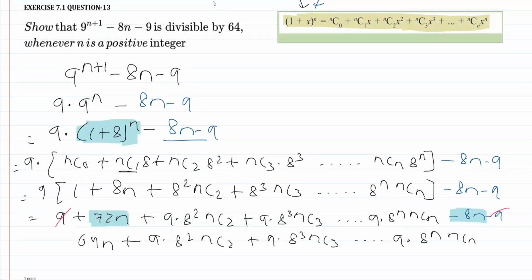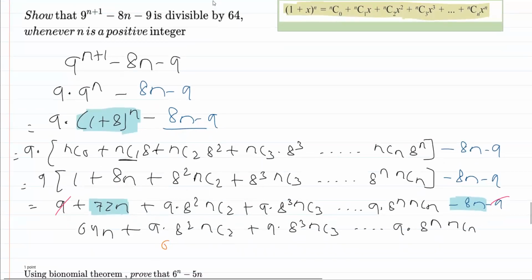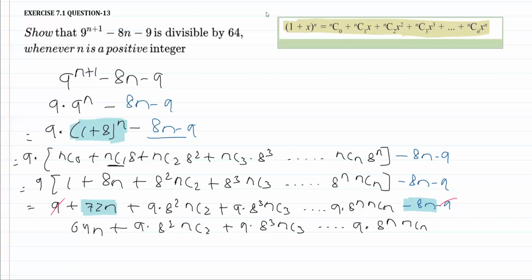Now what we can do is take 64 as common. It's very clear from here that we can take 64 as common. If I take 64 as common, what do we get here? We'll get n plus 9 into 8 square by 64, that is, 8 square is 64 only, so we'll get NC2.